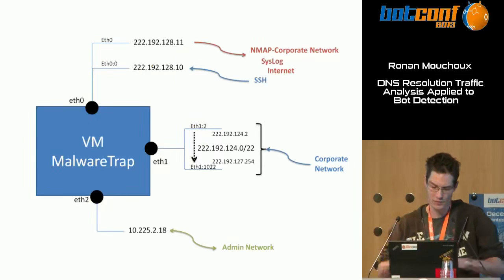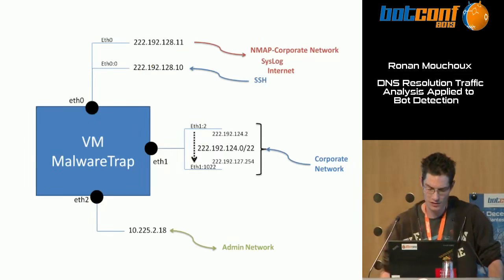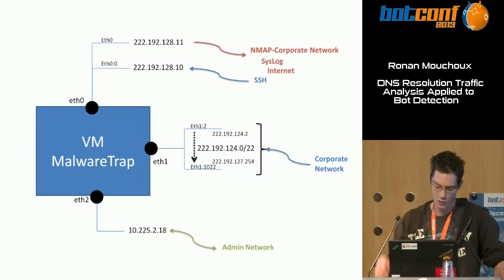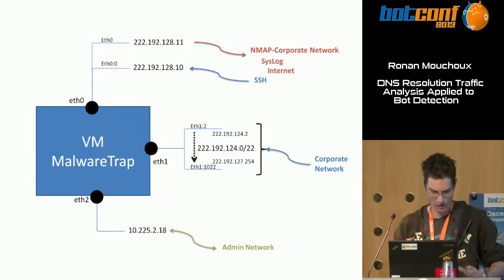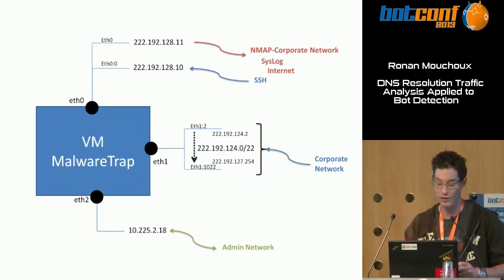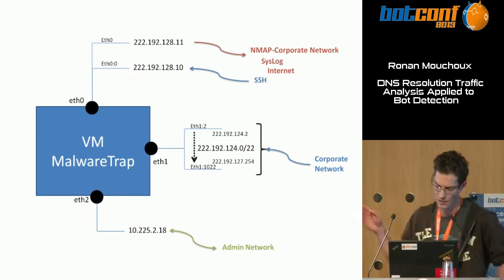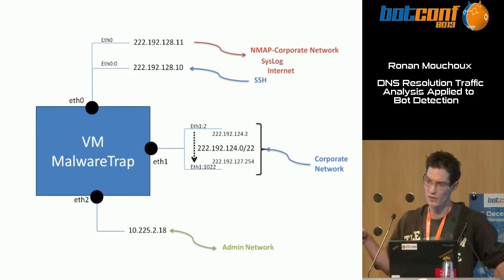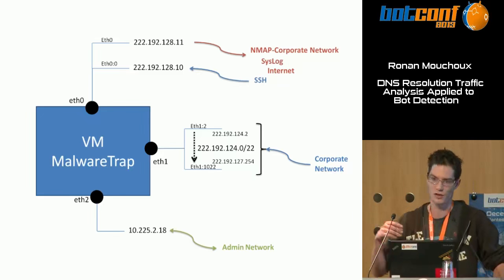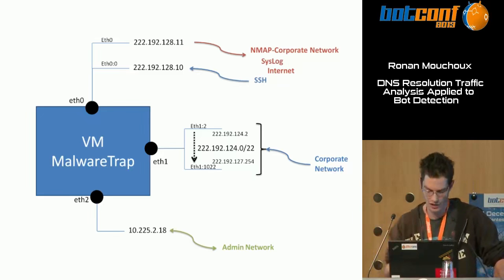So we start to do the communication part. We configure our Ethernet interfaces with IP addresses, and on eth1 there were 1,000 IP addresses on which the infected communication was coming in.